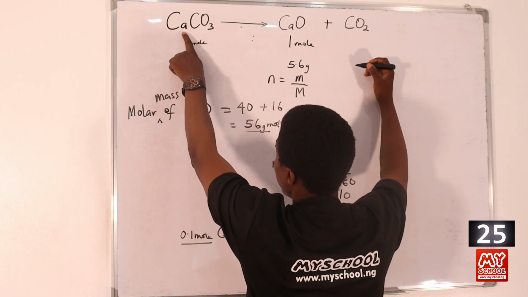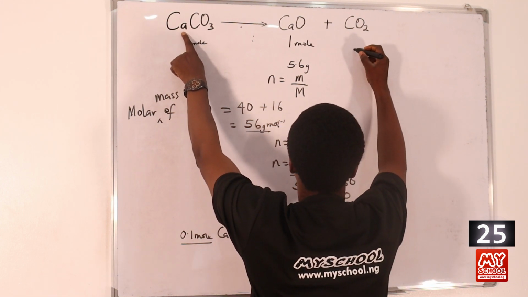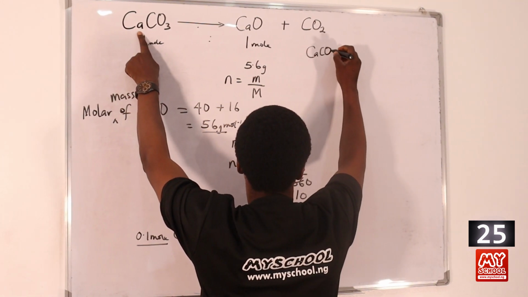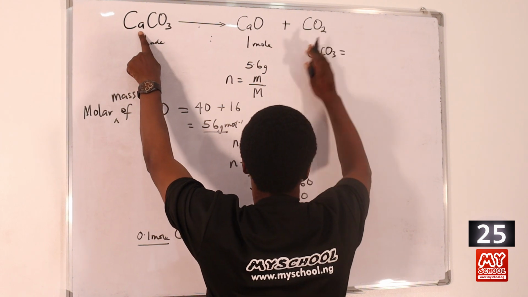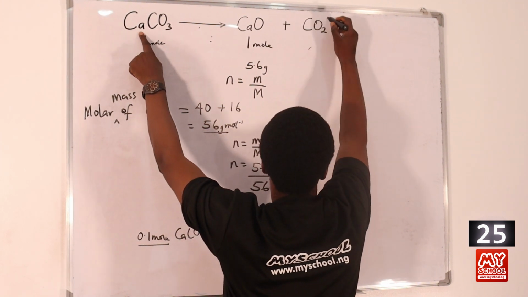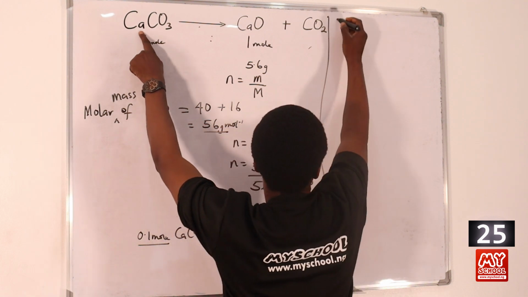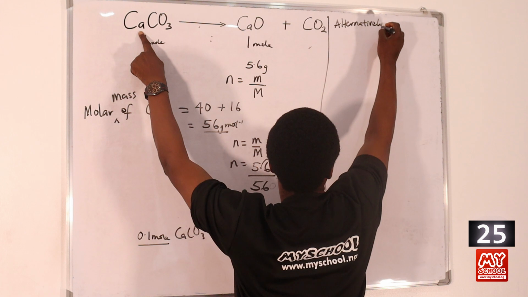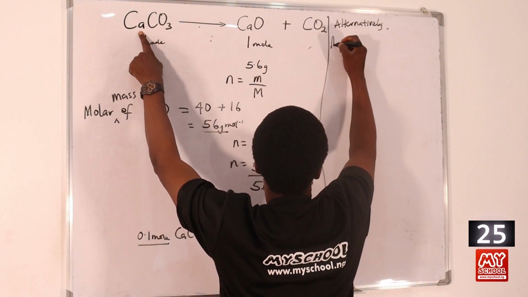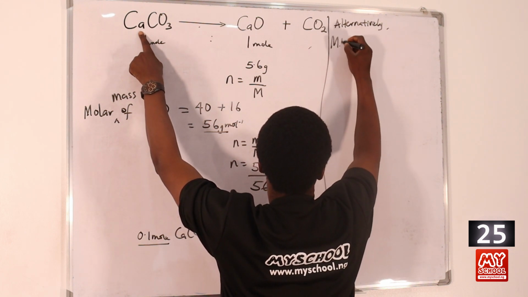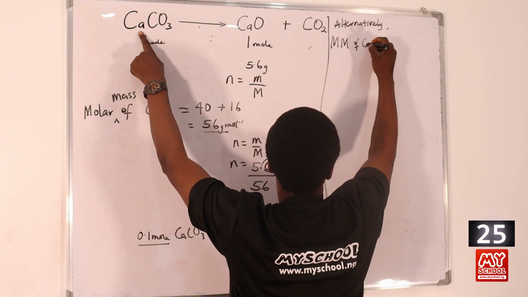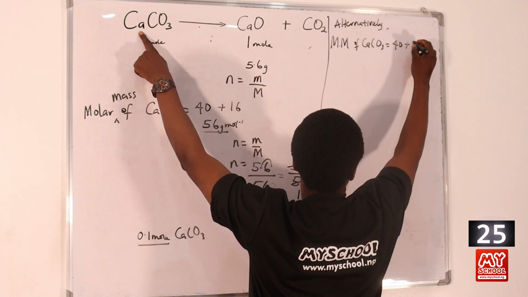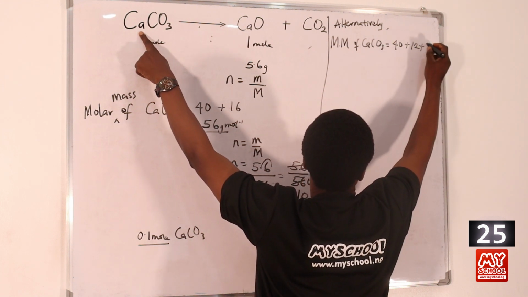Alternatively, like I said, we can also use this method, where we calculate the molar mass of calcium carbonate. Of course, that's 100. I know that, but let's calculate it together. Please don't forget I said alternatively, so if this other method suits you, you can use it. The molar mass of calcium carbonate will be equal to calcium, 40, plus carbon, 12, plus oxygen, 16.